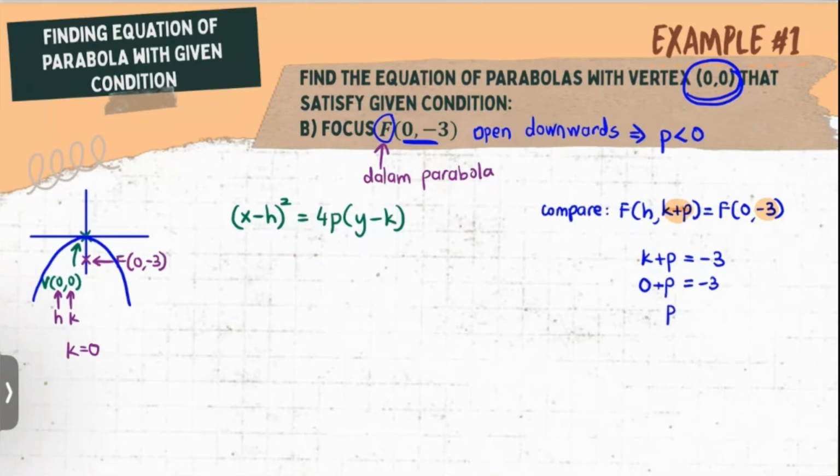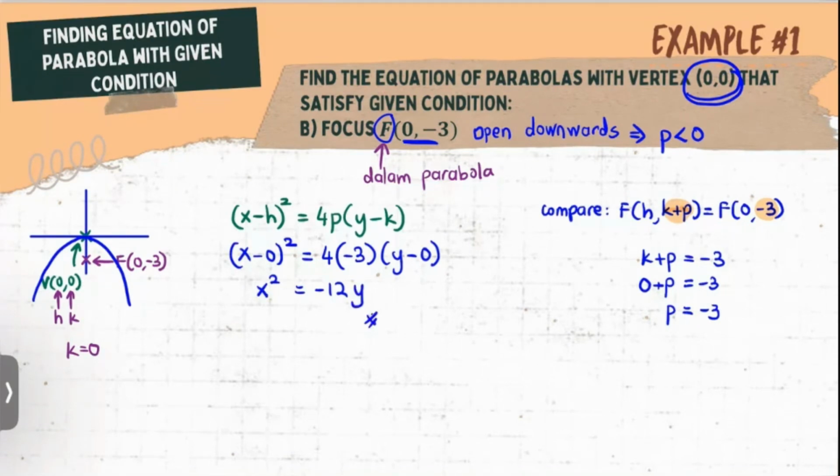So kita dapat p equals to -3. Okay. So now dah tahu p adalah -3. Masukkan sahaja dekat dalam standard equations. So here will be x minus 0 squared equals to 4 times by -3 y minus 0, 0 sahaja, tak ada square. So therefore, x square is equals to -12y. So inilah dia equation of our parabola.